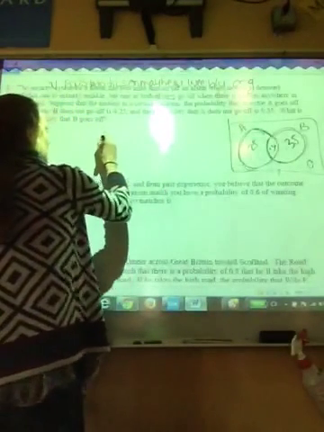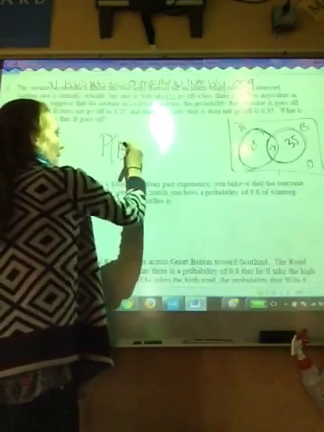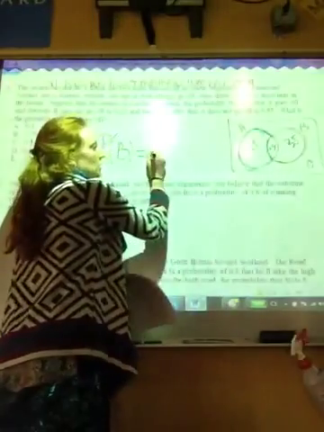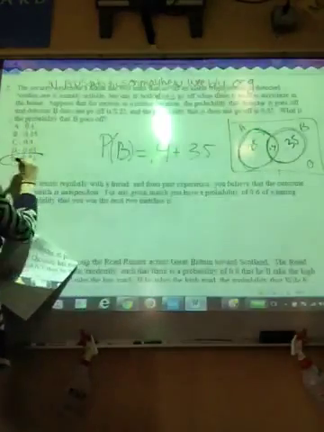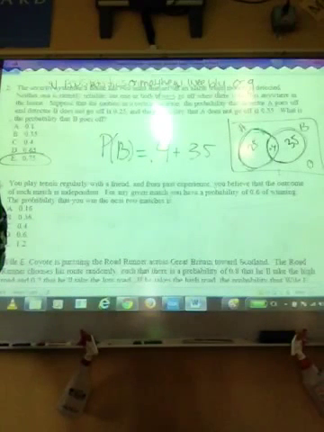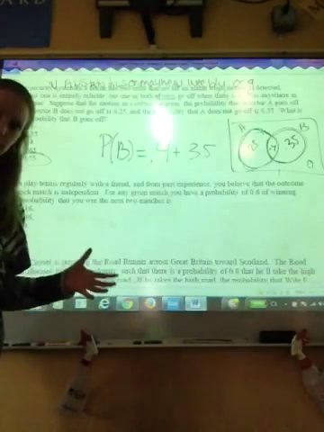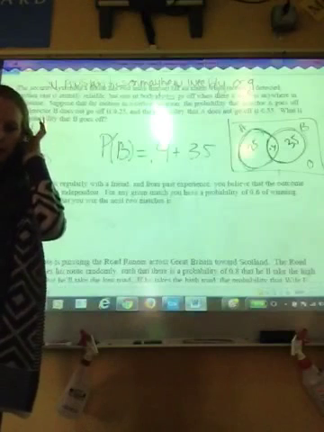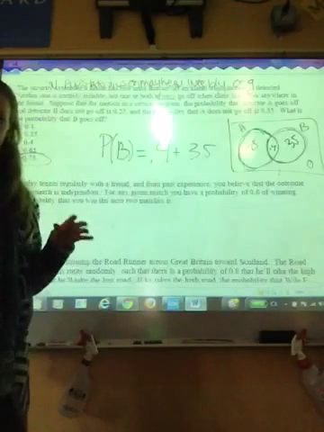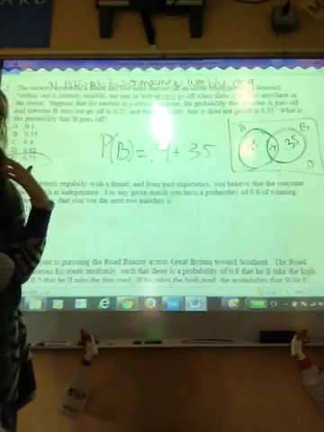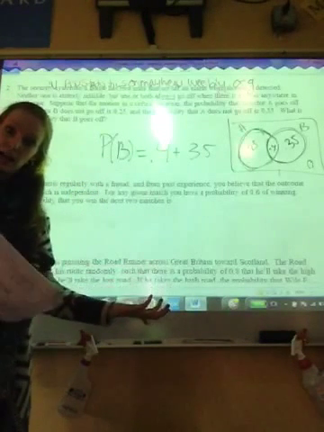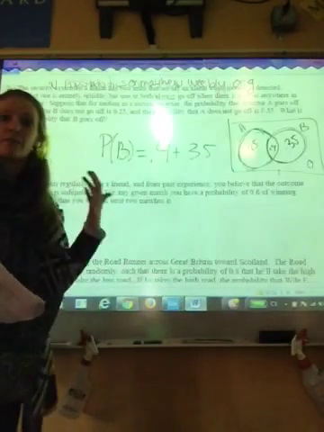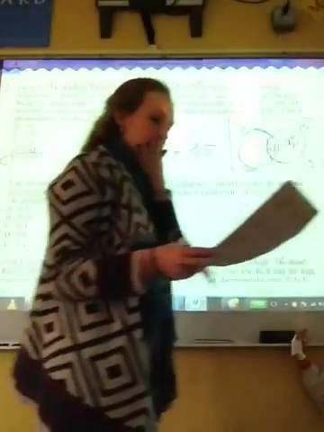So, when asking about the probability of B happening, we look at our B circle, it's 0.4 plus 0.35, which gives us 0.75. Good. That one I would say is kind of tricky to set up, but pretty simple to understand. Right? Either one's going off. So the probability that B is going off would be the probability that A is not going off plus the overlap, if both of them are going off.